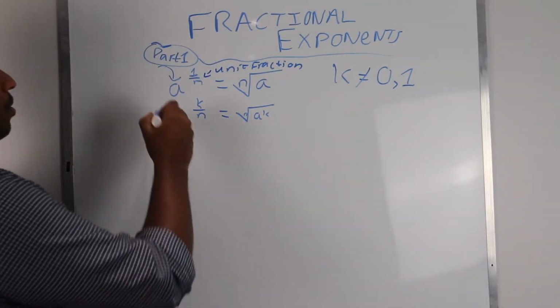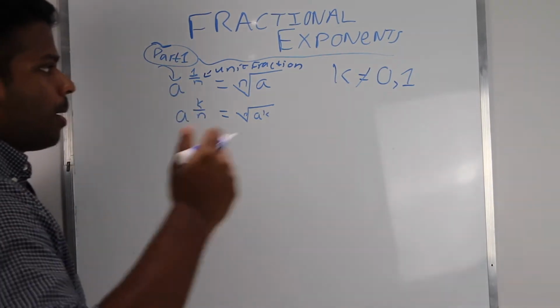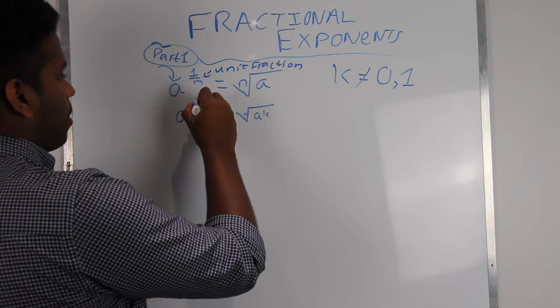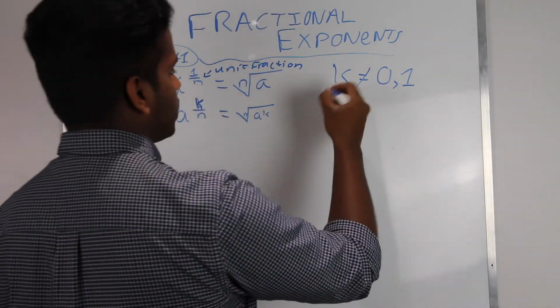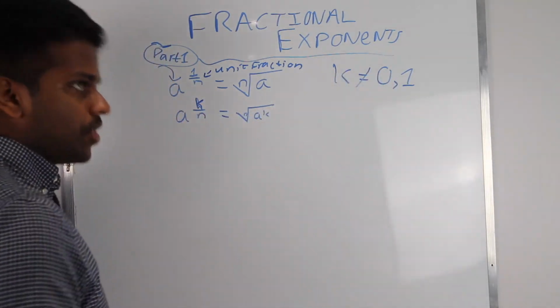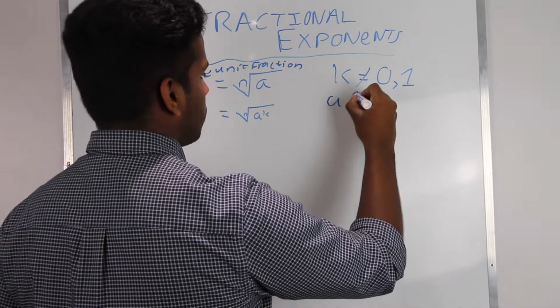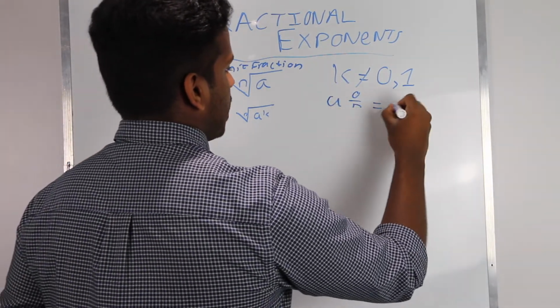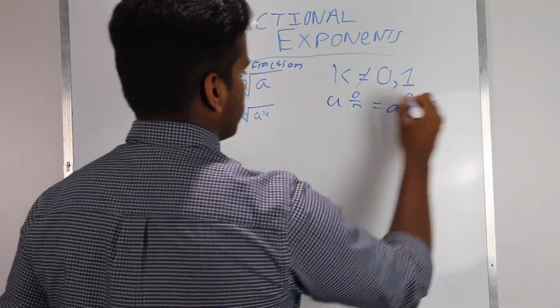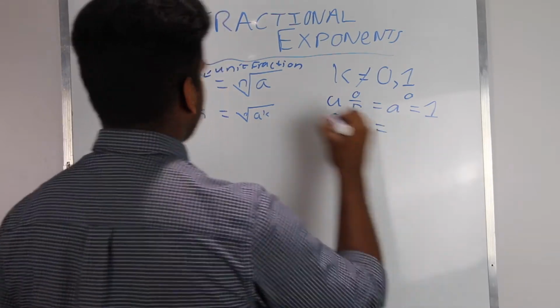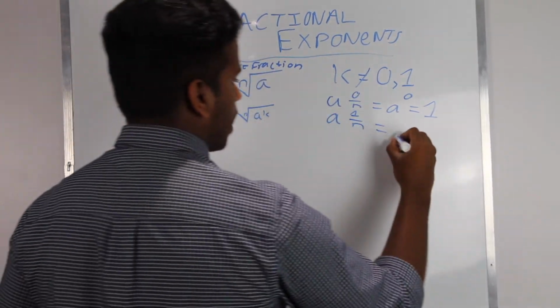Now we'll go to a to the power of k over n. Here k represents the numerator, and k represents any positive or negative integer, except 0 and 1. If we had 0 in the numerator, it would be a to the power of 0, which gives you 1, so this rule won't apply. And a to the power of 1 is just a itself, so this rule won't apply either.